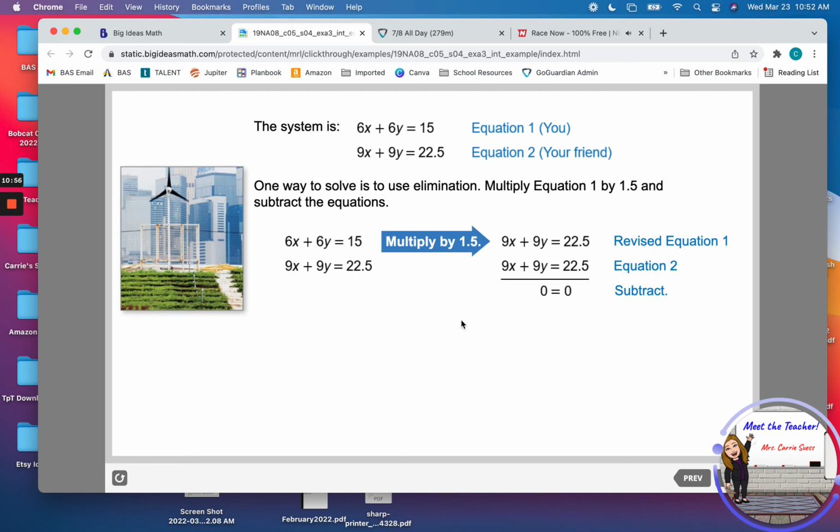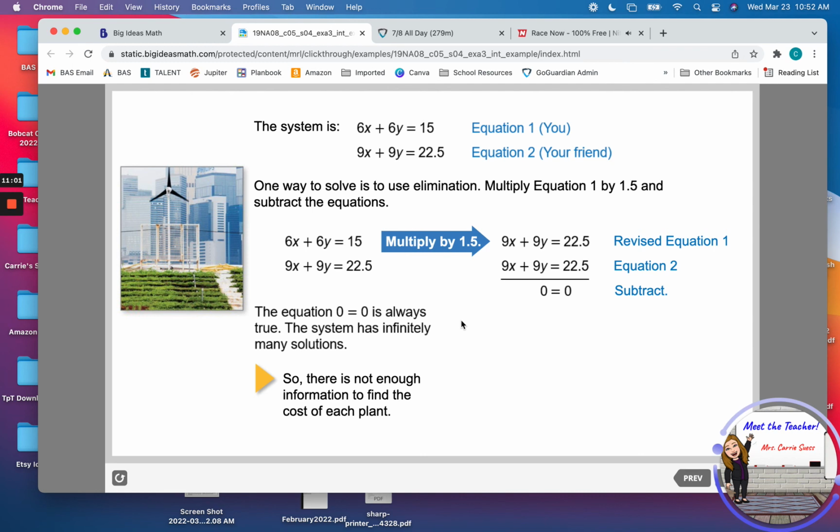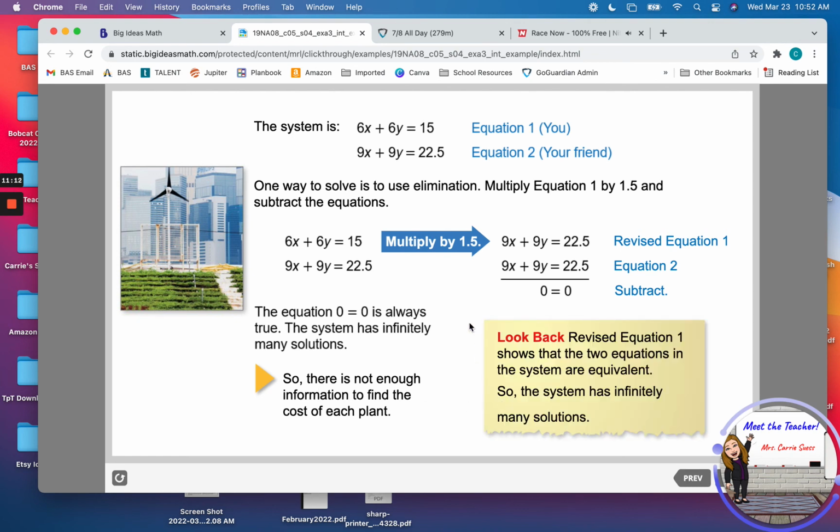What does 0 equals 0 show you? That the system has infinitely many solutions. So you would tell that there is not enough information to find the cost of each plant. Since this is a word problem, I would let you put not enough info.